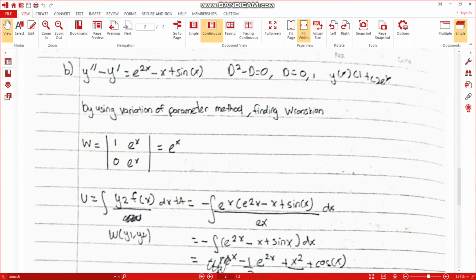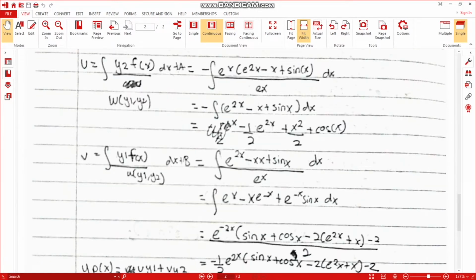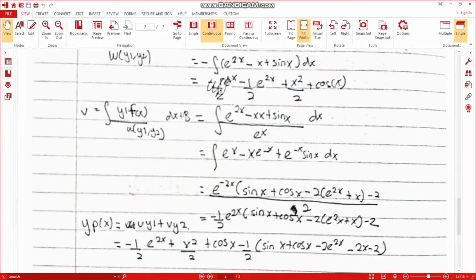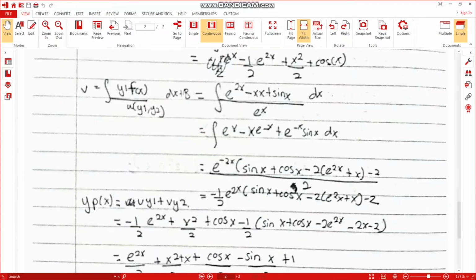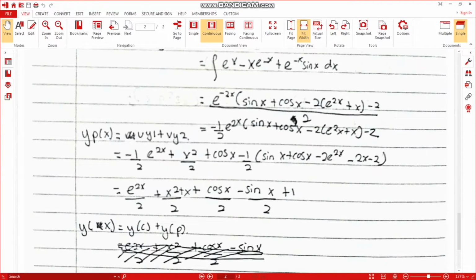We need to choose our side, then I integrate. After integrating, I get this value as e negative 2x sine x plus cos x minus 2c2 x minus 2 over 2. After that, simplifying, and we have this equation.